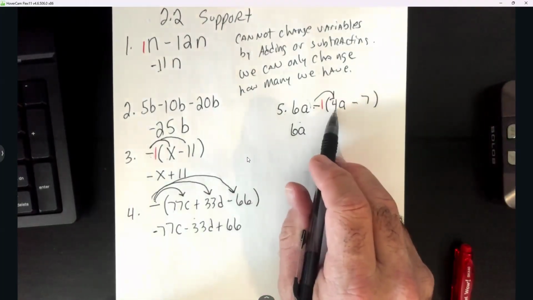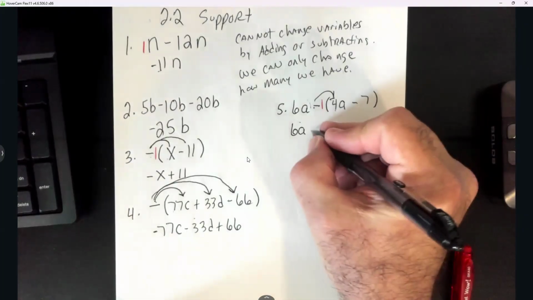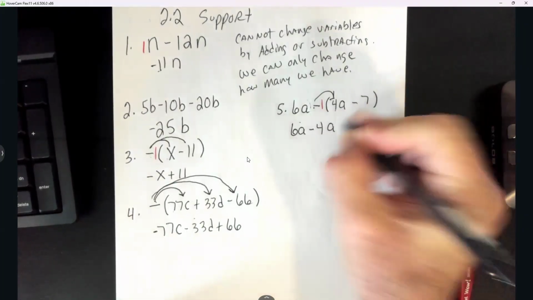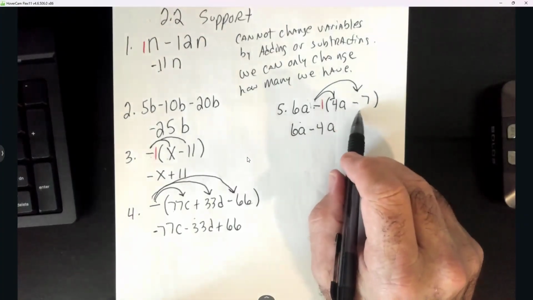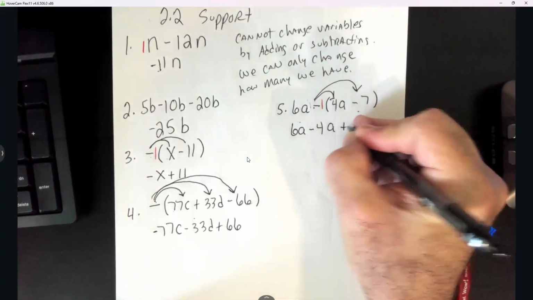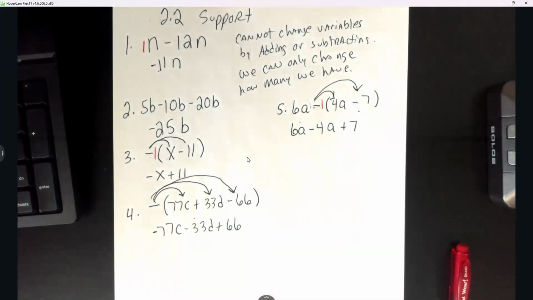So negative times 4a is negative 4a. Then negative times that negative 7 is what, a positive 7? So 6a minus 4a plus 7. Can you go further? And if you can, what's your final answer?